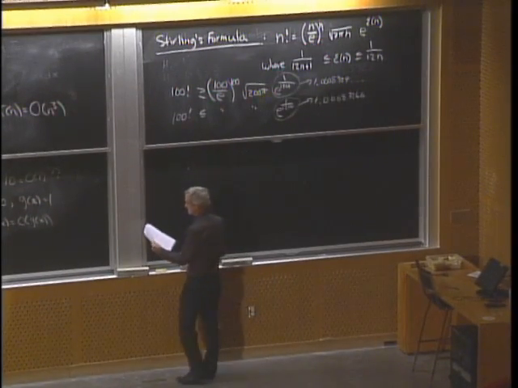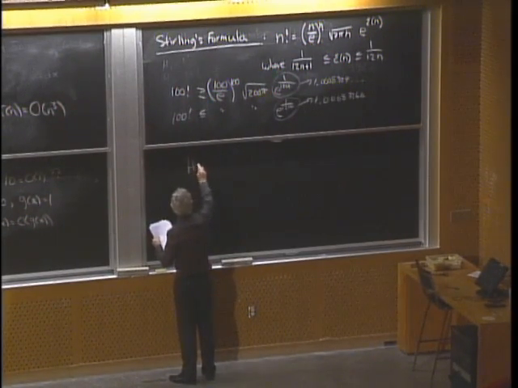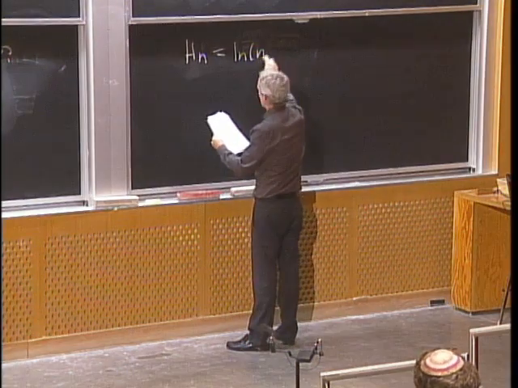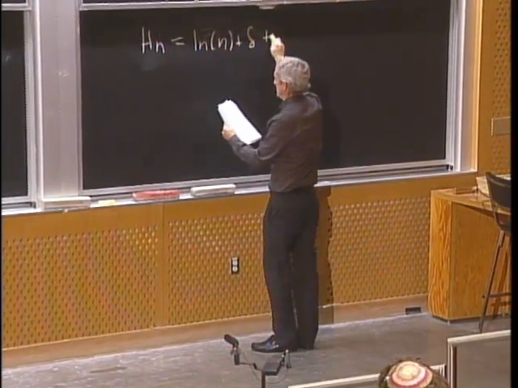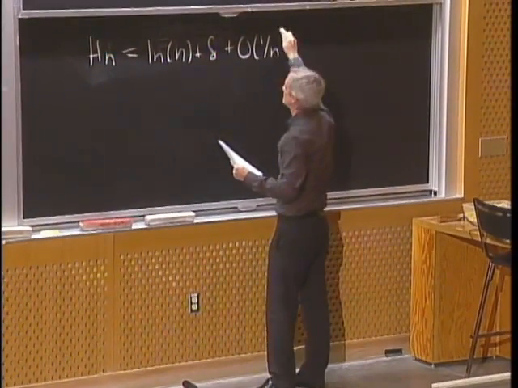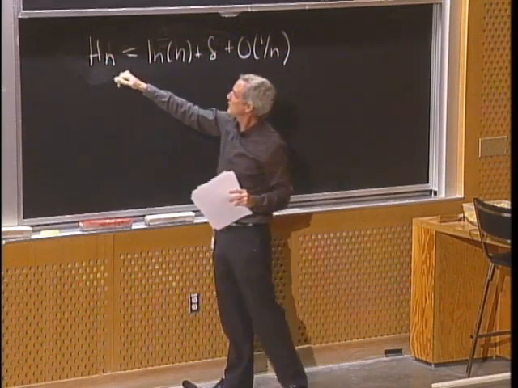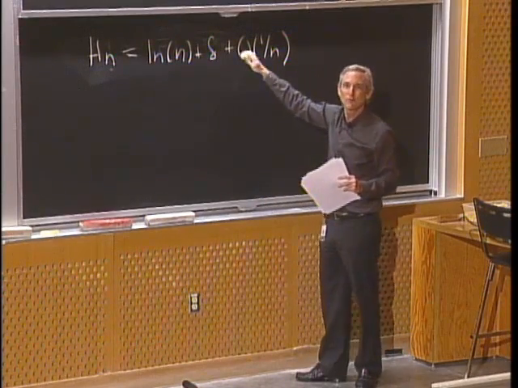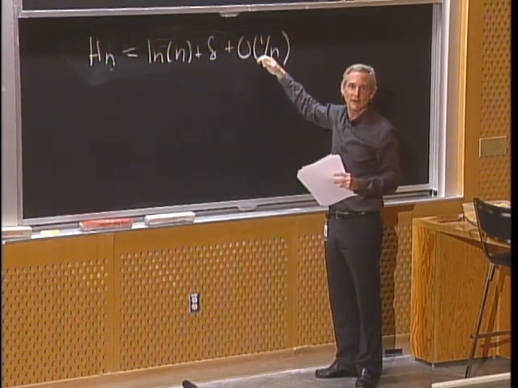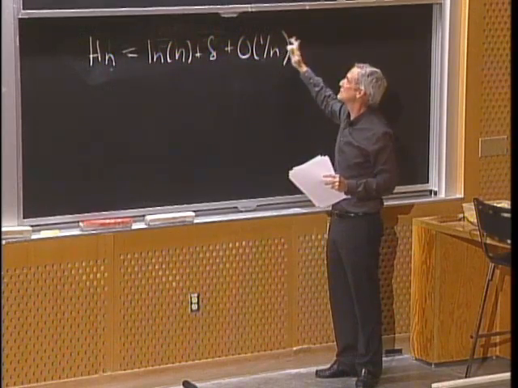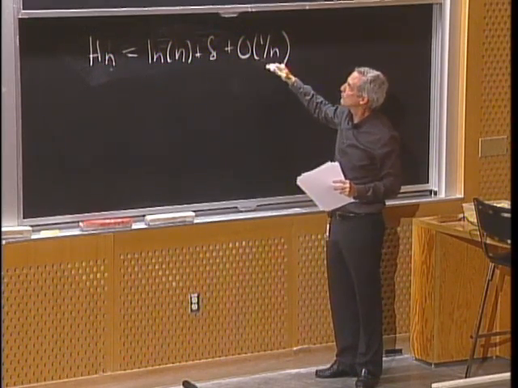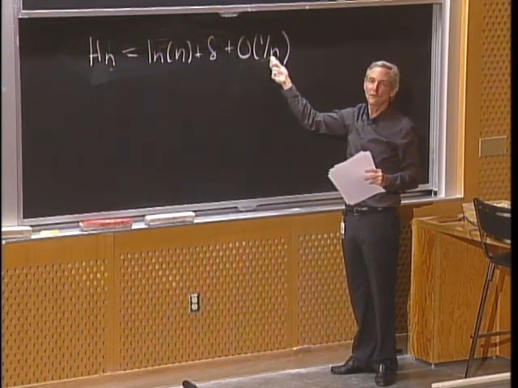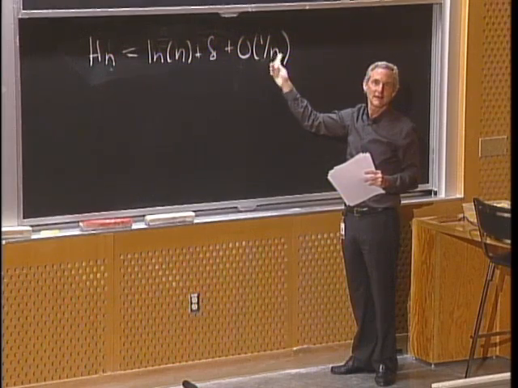Sometimes you'll see notation like this. H of n, as we saw earlier, is the log of n plus delta plus O of 1 over n. When we wrote out the formula for the nth harmonic number, it was log of n plus Euler's constant plus something like a constant times 1 over n, and then some even smaller terms. People will write it like this, and it tells you that the error terms grow no faster than a constant times 1 over n.